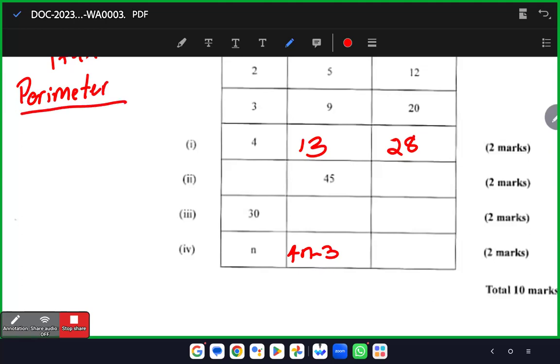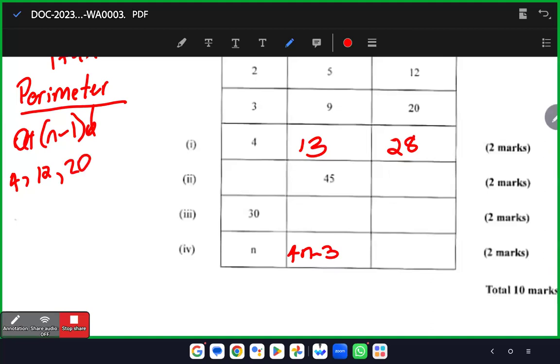Now let's look at the perimeter. The perimeter also follows an arithmetic progression, and the general form is A plus open bracket n minus 1 times d. We want to look at the first 3 terms. For the perimeter, the first 3 terms are 4, 12, 20.